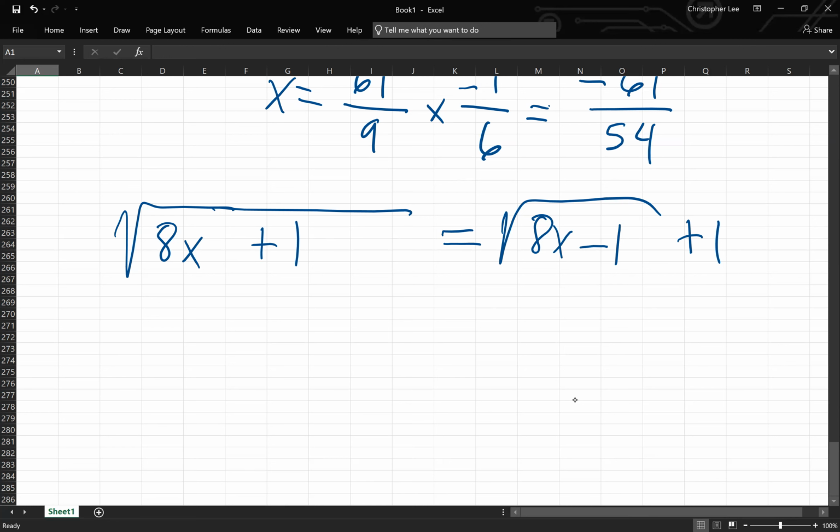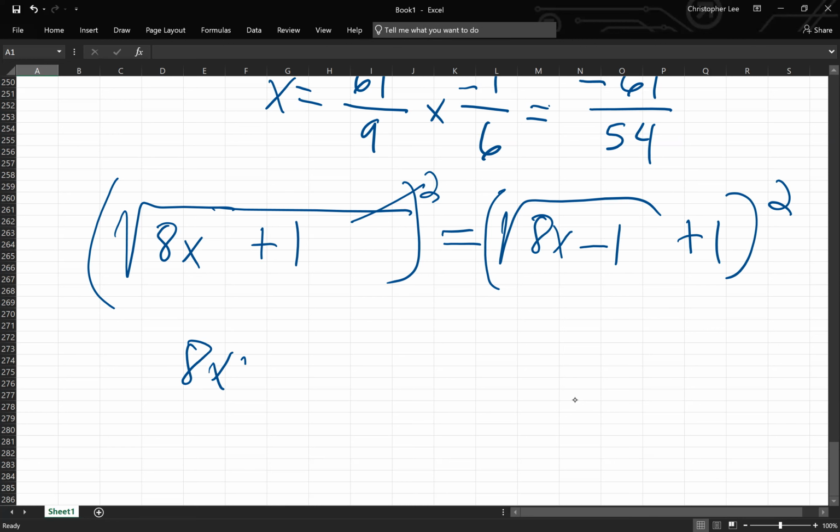So what I want to do, I want to get rid of that square root, right? That's my issue. What I do to one side of the equation, I do to the other side of the equation. Right? The square root and the square cancel out, leaving back just 8x plus 1. That will be equal to, let's square this. So this should be 8x minus 1.